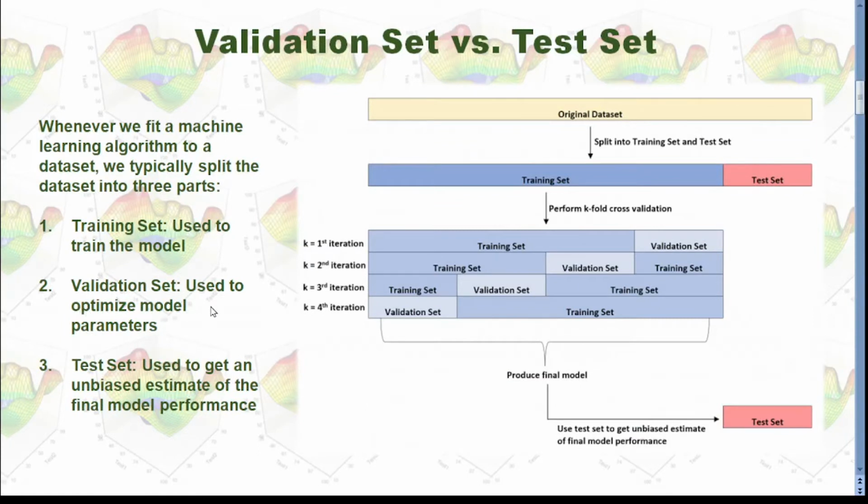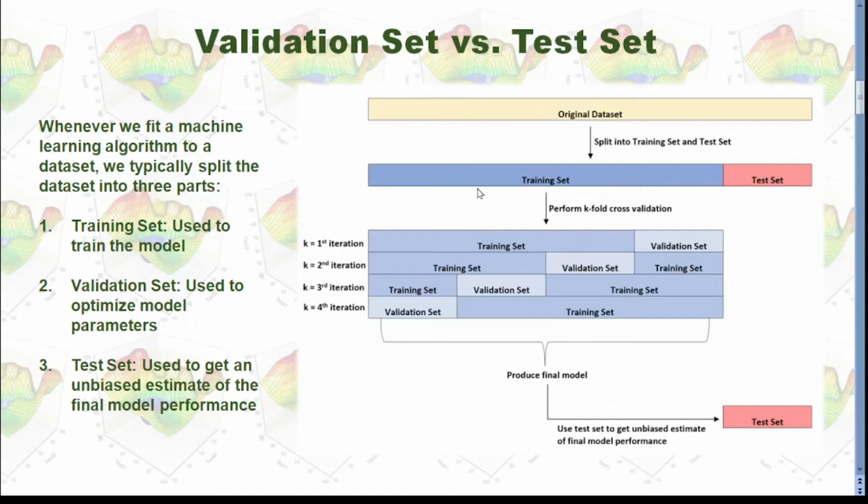Whenever we fit a machine learning algorithm to a dataset, we typically split the dataset into three parts: training set, validation set, and test set. We have this as our original dataset, and we will split it into a training set and a test set.